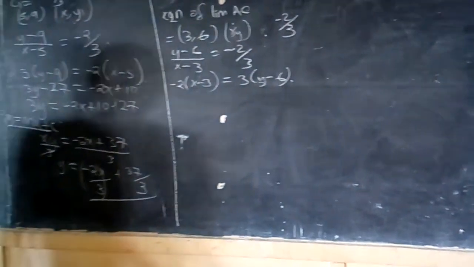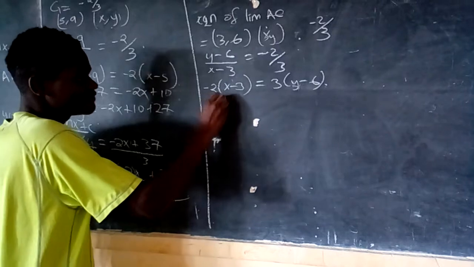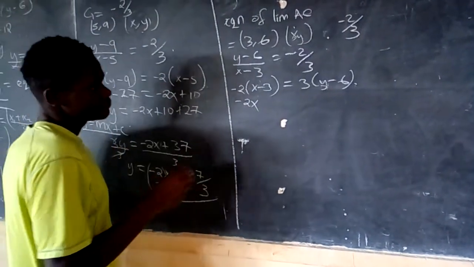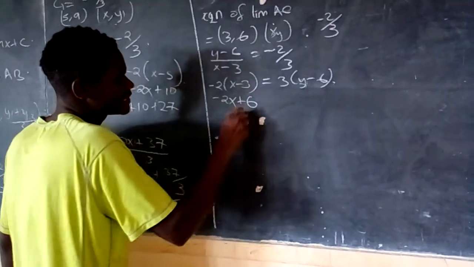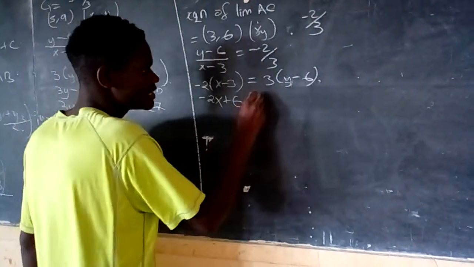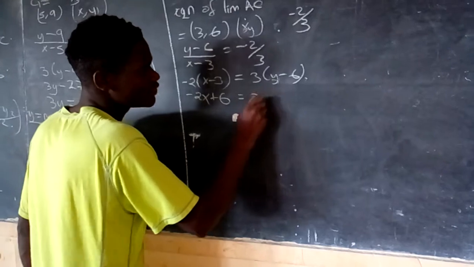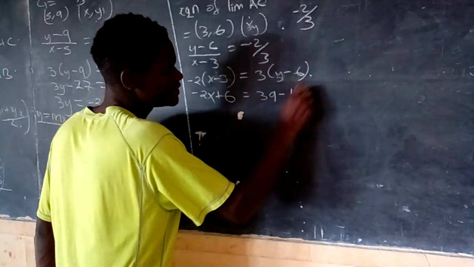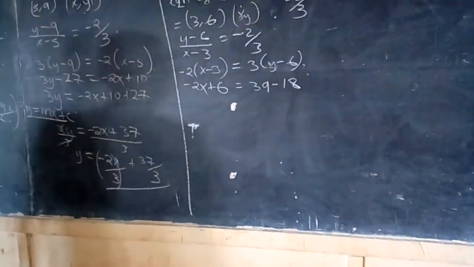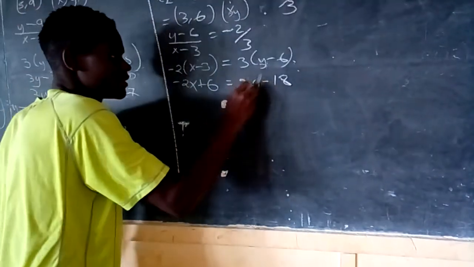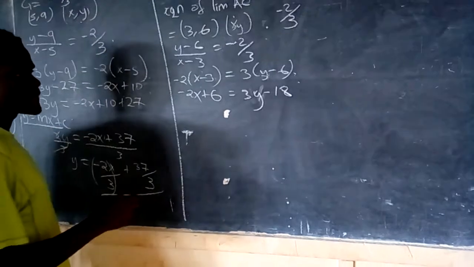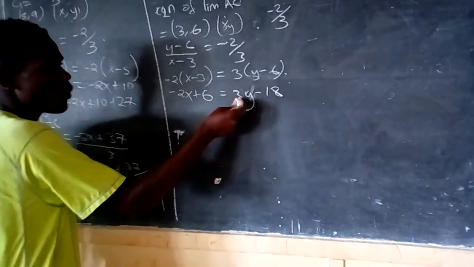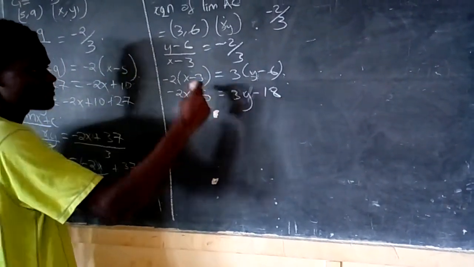Opening the bracket, I find negative 2x plus 6 is equal to 3y minus 18. I want to remain with y only this side. This one comes to the other side.